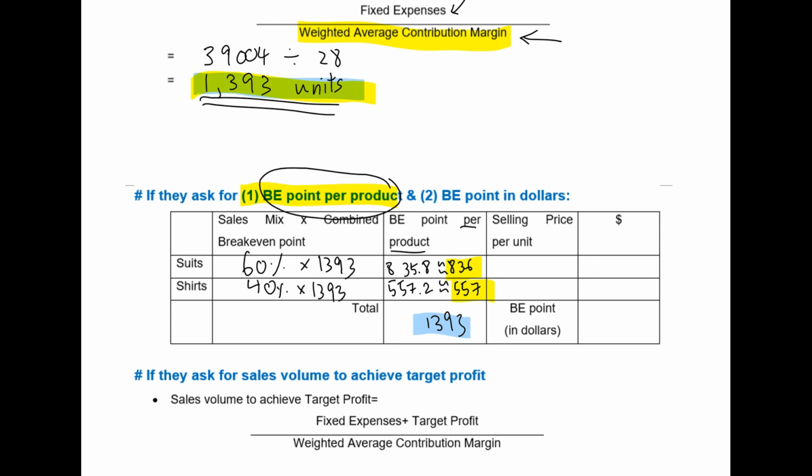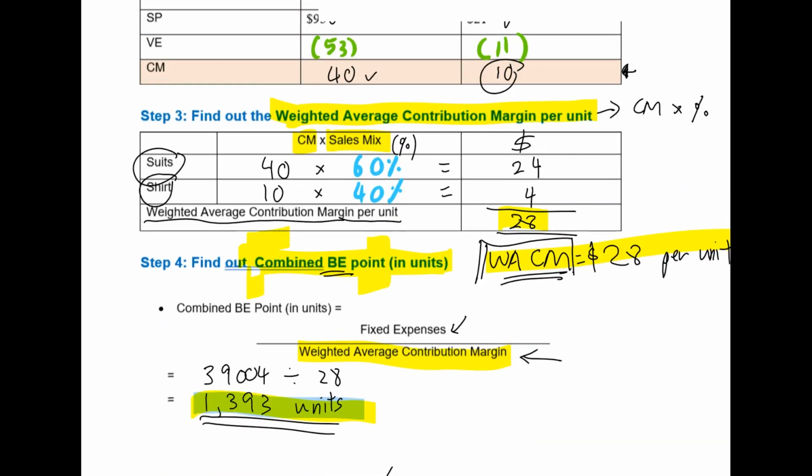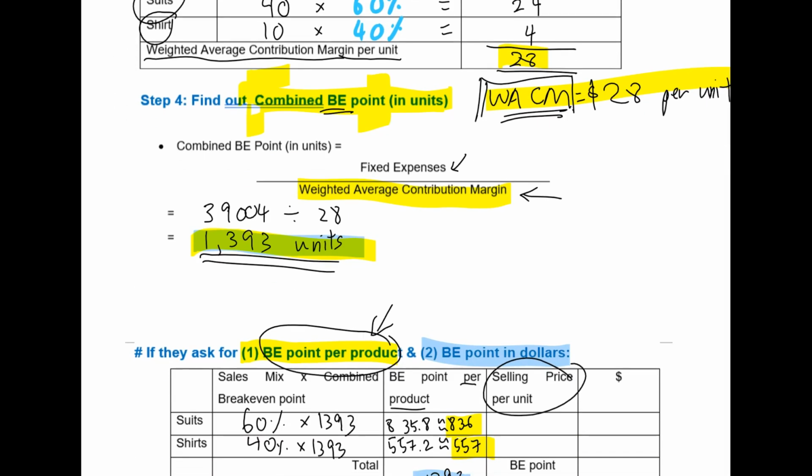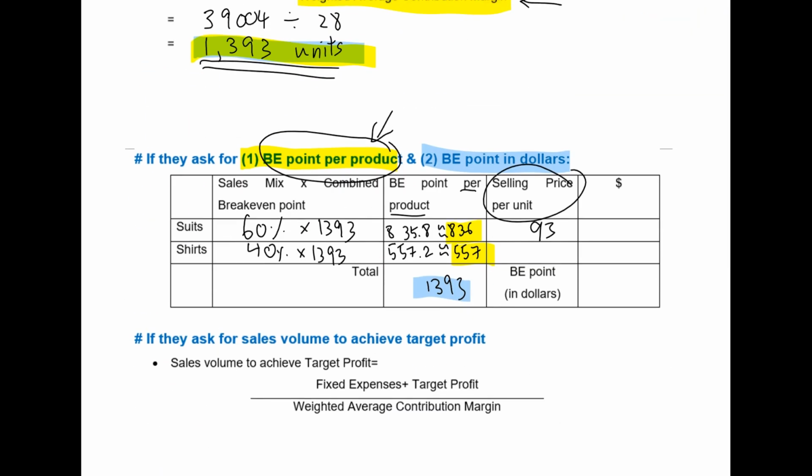Now if they ask you for the break-even point in dollars, you have to find your break-even point per product first. Then you multiply by the selling price for one unit. The selling price for suits is $93, and for shirts is $21.